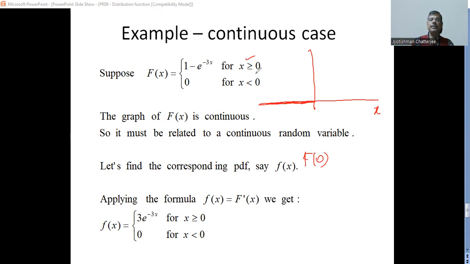That's given by this part, and that is equal to 1 minus e to the power minus 3 into 0, that is 1 minus e to the power 0, equal to 0. Here onwards, it looks like this. See, this one keeps on growing like this.